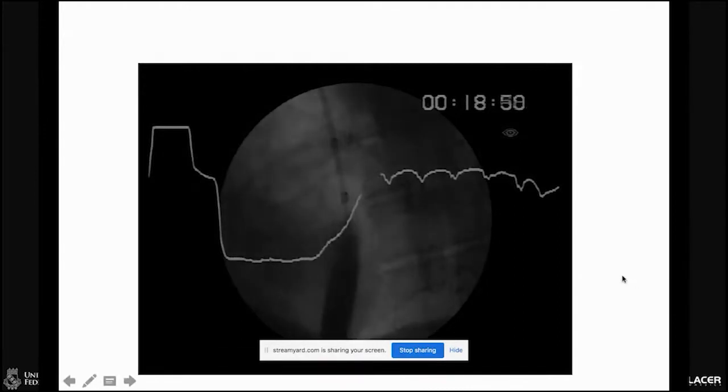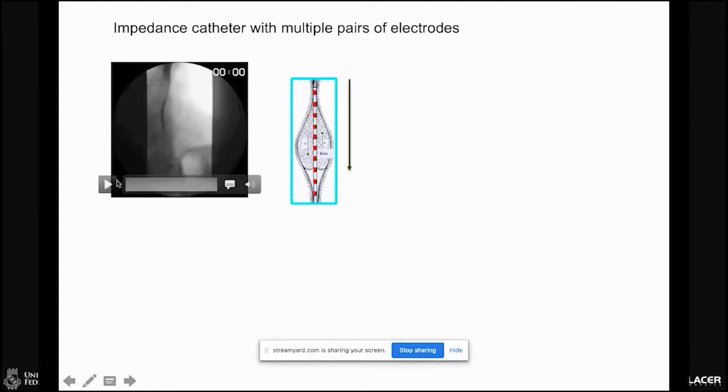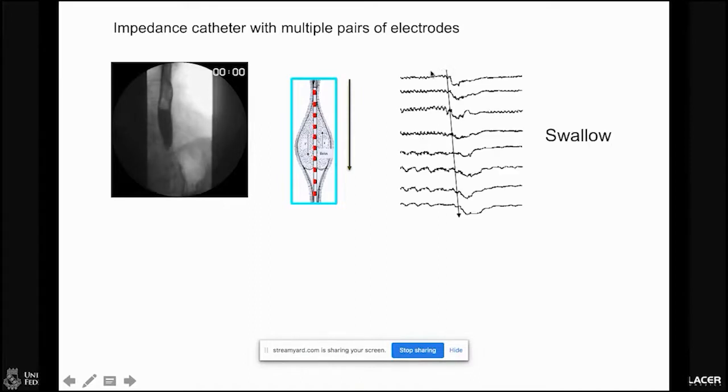So if you imagine the situation where you have, instead of only two electrodes, multiple electrodes and the bolus is passing, what you see in the impedance is a sequence of drops and recovery, drops and recovery, drops and recovery, and this is moving in an aboral direction. Here is the mouth, here is the stomach, and the liquid is moving in that way, and you can see the movement of the liquid as an impedance drop and recovery.